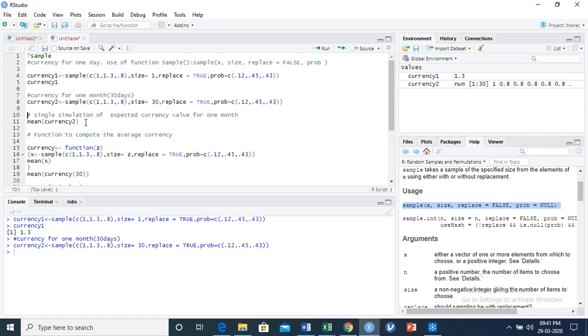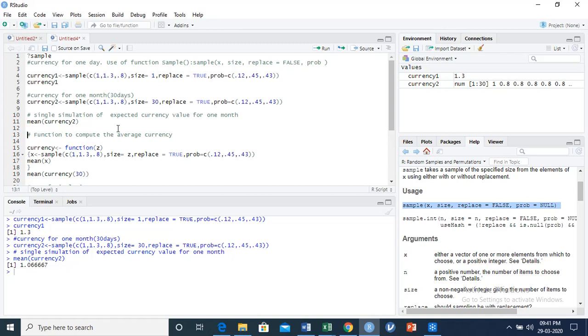Now we get the currency for 30 days and find the average or expected value of the currency, using mean of currency 2, and the average value is 1.066, that is the currency appreciates here. So the individual's expectation is more or less right, but here we only ran a single simulation.